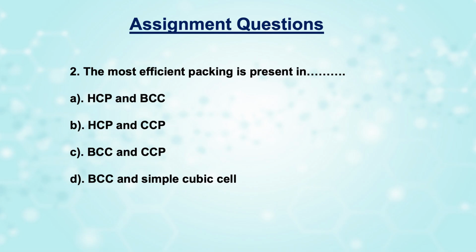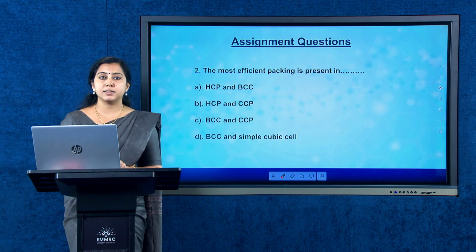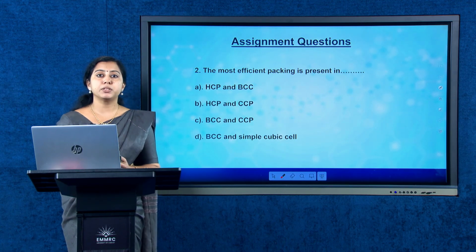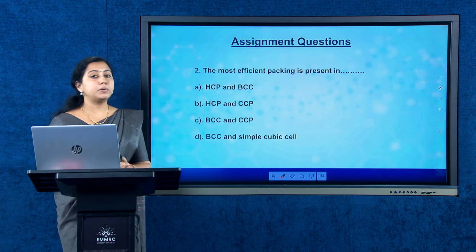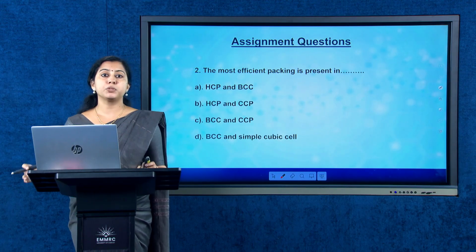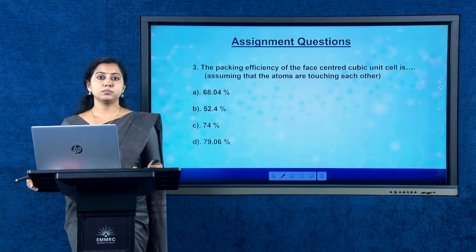HCP is hexagonal close packing, BCC means body centered cubic packing. Option B HCP and CCP. CCP is again cubic close packing. Option C BCC and CCP. Option D BCC and simple cubic cell. Among these options you have to find out the most efficient packing present.